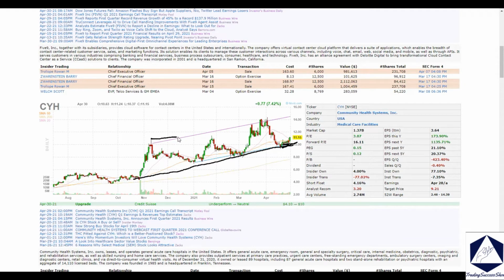Overall, we are trying to break this resistance right here. If we can break this level, $11.50, we should be able to visit $12 fast, and then test the $14 on CYH.